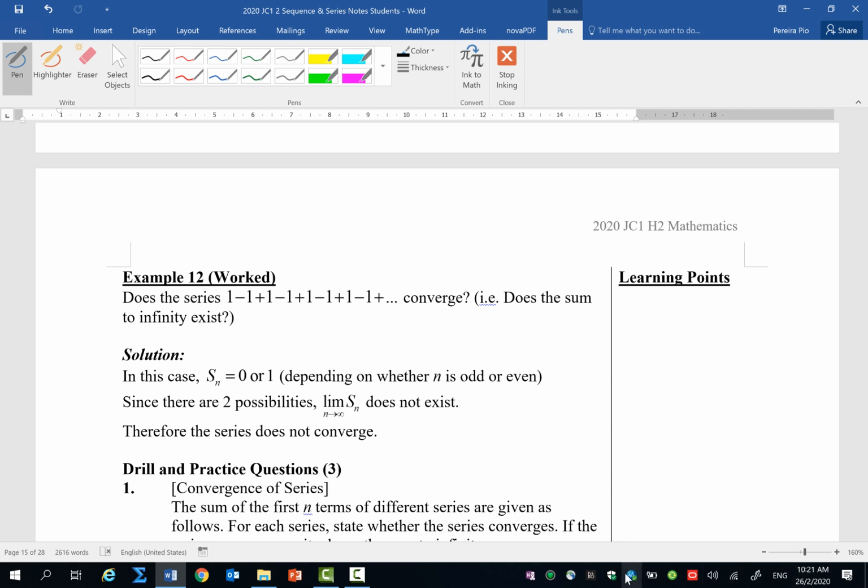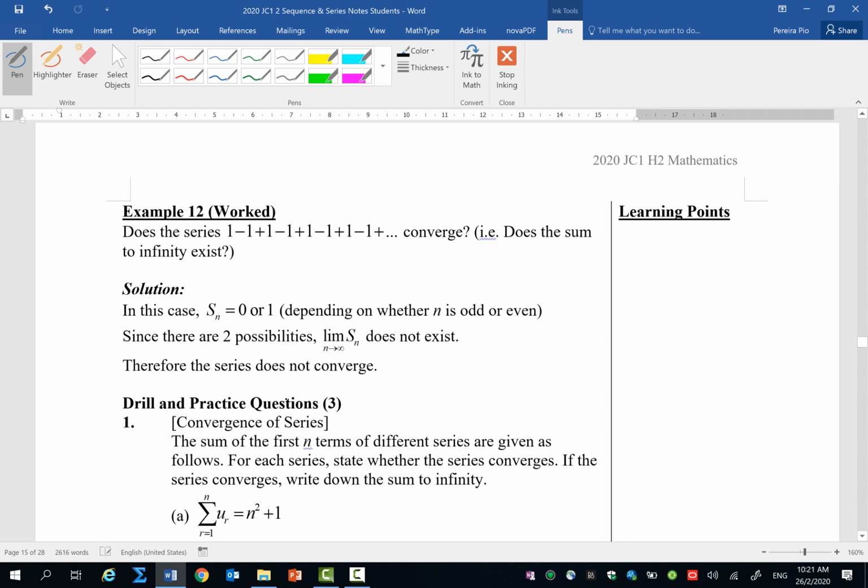All right, so now the question is this: does this series 1 minus 1, 1 minus 1 converge? I.e., does the sum to infinity exist? Now, you realize the following: Sn must equal 0 or 1, depending on how many terms you have.